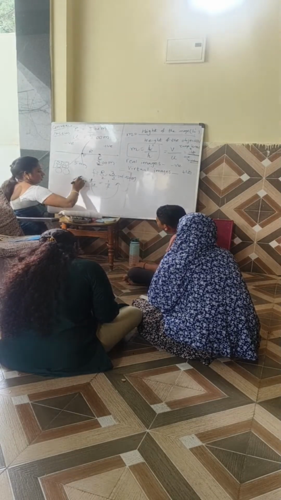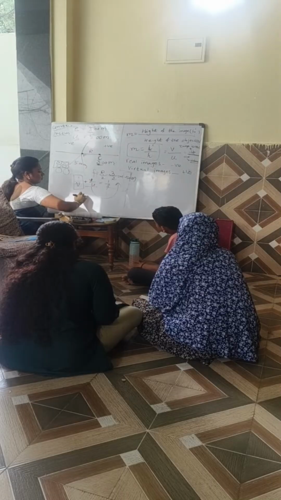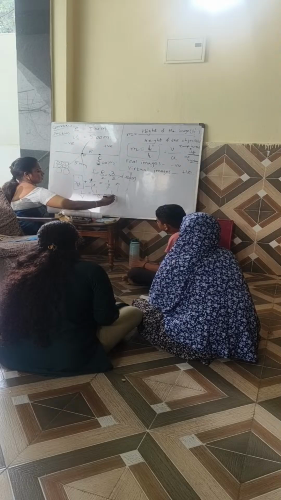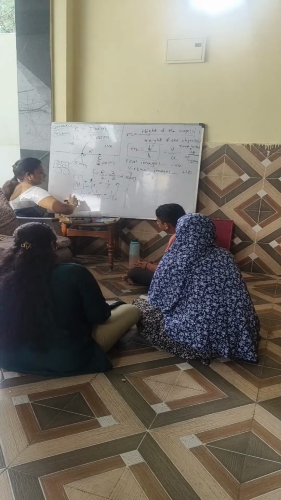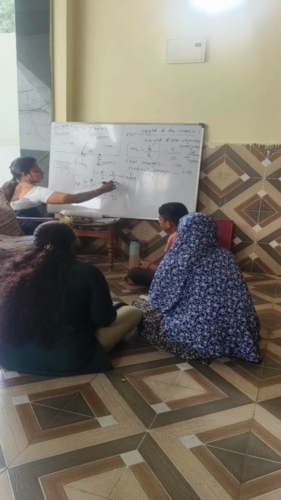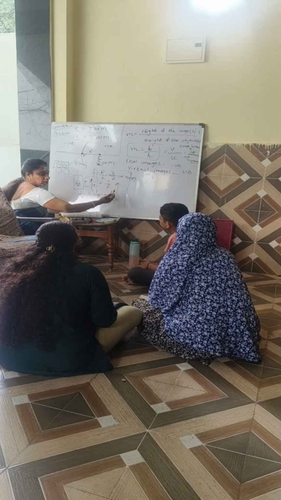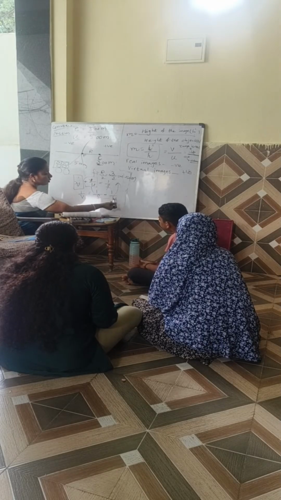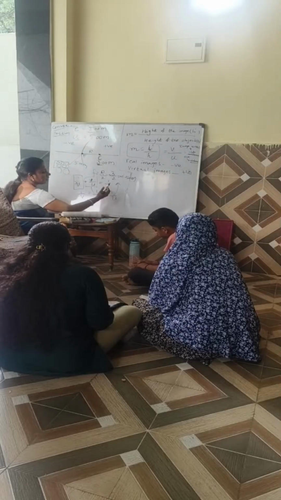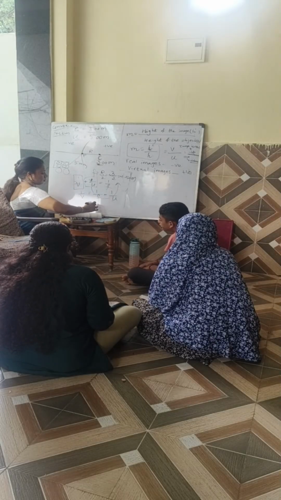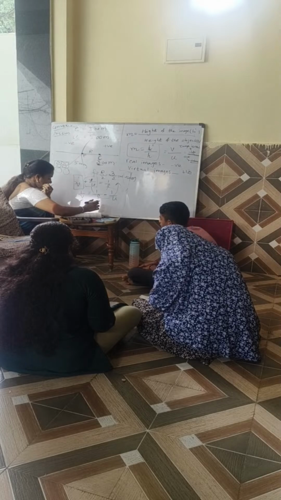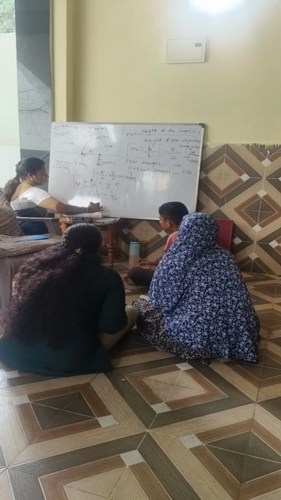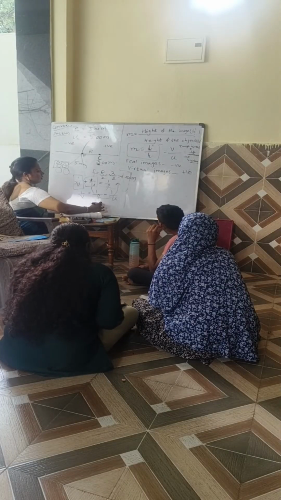We want 1 by V. 1 by V equals 1 by F minus 1 by U. This entire thing I am keeping this side, the sign will change, positive will become negative, so minus 1 by U. We know the F value. What is the F value? 1 by 1.50.